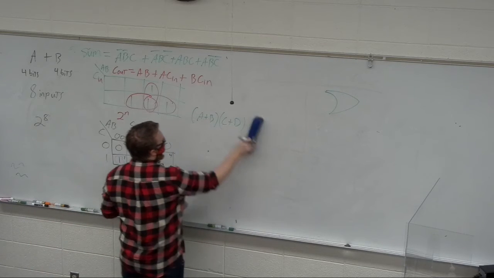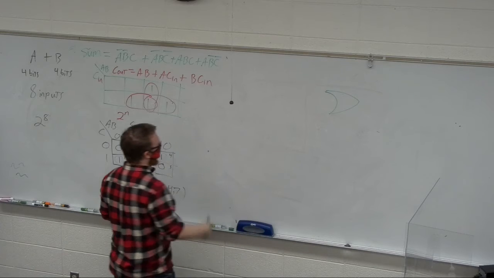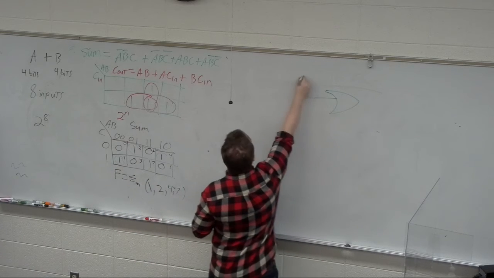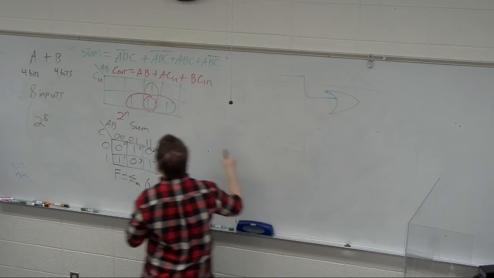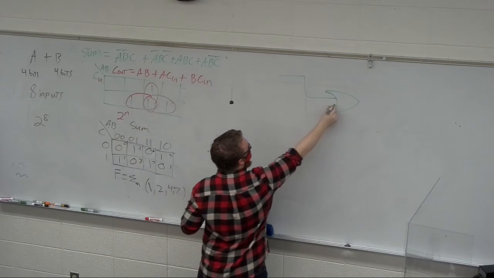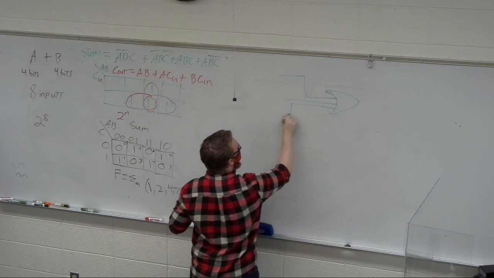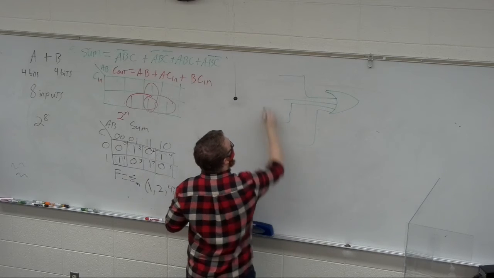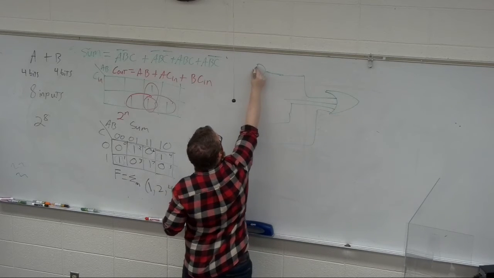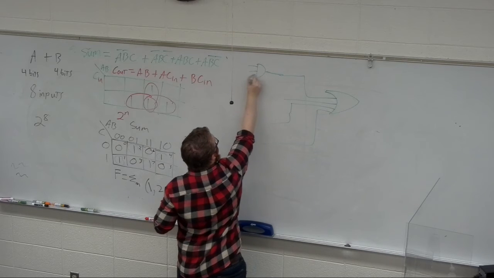But we usually circle the ones because we like minterms more for some reason. So the OR gate then feeds into, in this case, if we're doing sum, 1, 2, 3, 4 AND gates. And each AND gate has 3 terms.